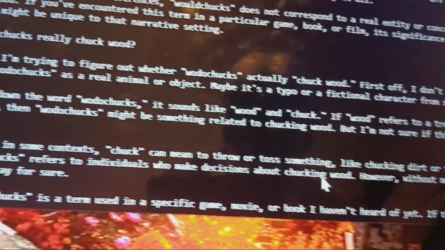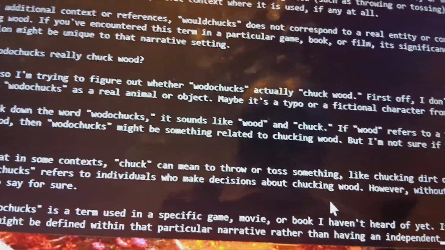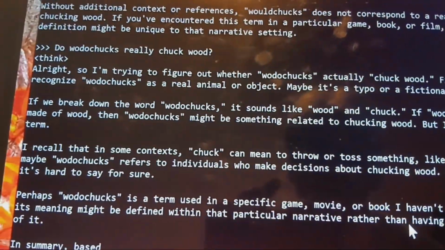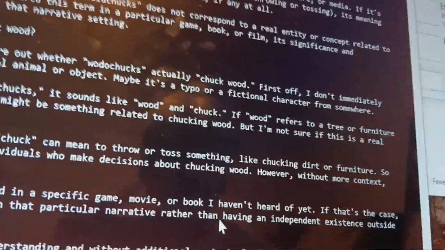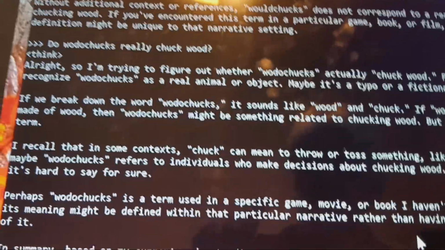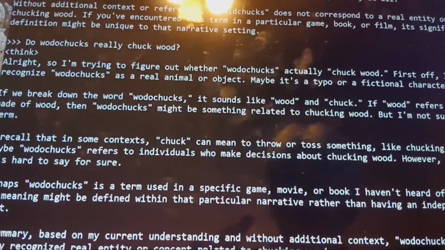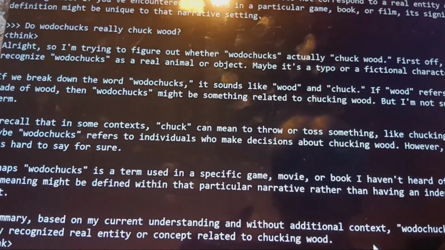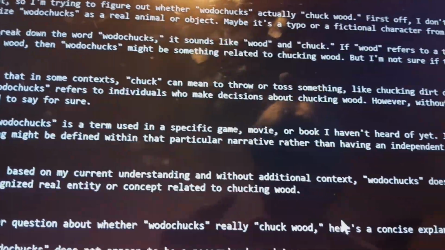It doesn't know if it's a game, a movie, a typo. But look how much thinking this is doing, trying to understand what that is. Now, the question is, can I train it to know that I meant woodchuck and see if that's what I'm going to type, and see if it'll answer the question once it's done trying to decide.